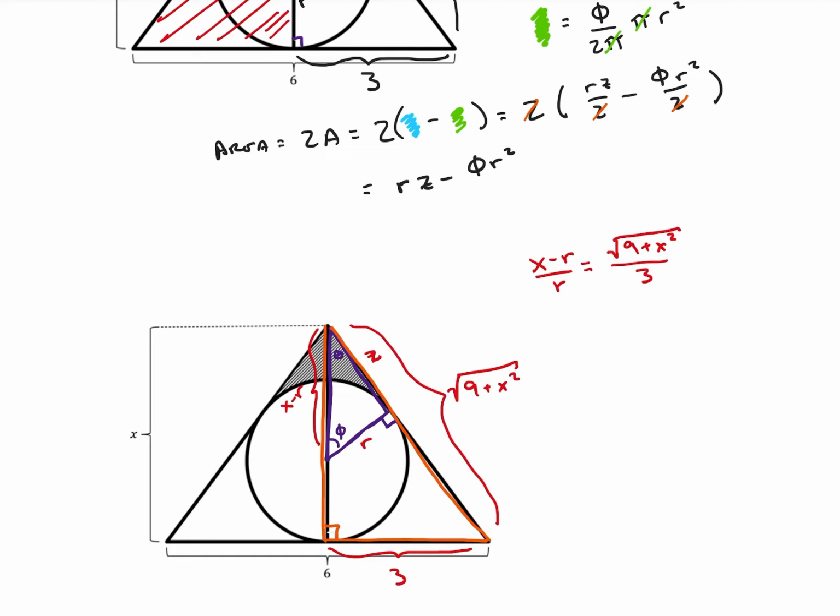So I can solve now, and if I want to solve for r, I'm going to start off just by doing x minus r equals r times square root of 9 plus x squared over 3, which I can rearrange to get r times 1 plus square root of 9 plus x squared over 3 is equal to negative x.